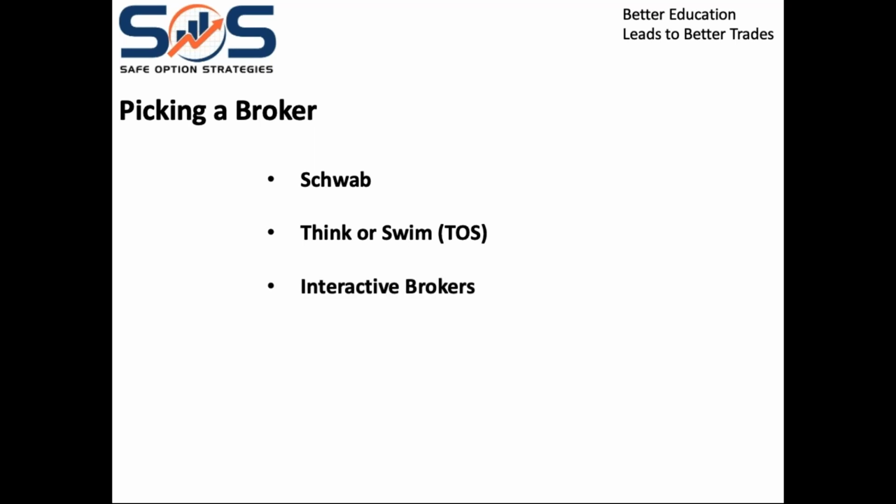Interactive Brokers is a great broker for people who are outside of the United States. If you're in Canada, if you're in a handful of European countries, I think Australia, Schwab and Thinkorswim are some of the brokers that you can use. But there are other countries. I have students in Singapore and Japan. I have students in a handful of European countries that don't have access to Schwab.